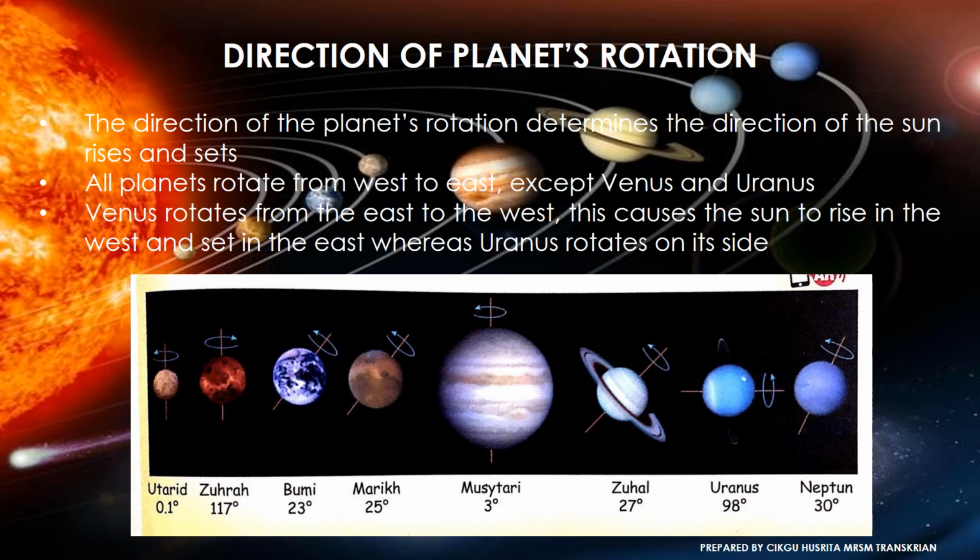Venus rotates from east to west, and this causes the Sun to rise in the west and set in the east, whereas Uranus rotates on its side. Alright, as you can see in the picture, I show you the direction of the rotation. Okay, so this is very important, so you need to remember.